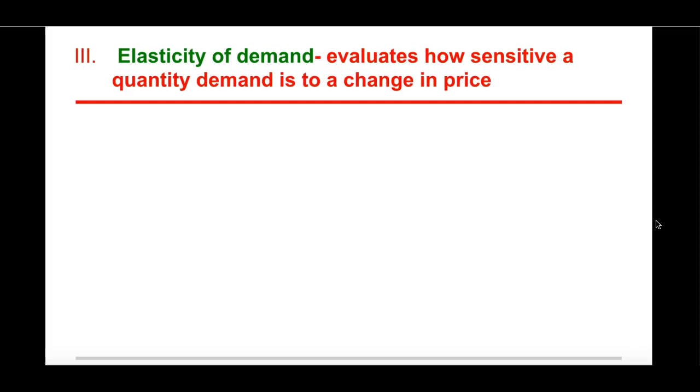Elasticity is looking at how much does quantity demand change. So let's say there's a 50% off sale at a store. We know quantity demand is going to go up, but is it going to go up by a lot, a little, an equal amount? That's what we're looking at with elasticity. How sensitive, how much does quantity demand change?